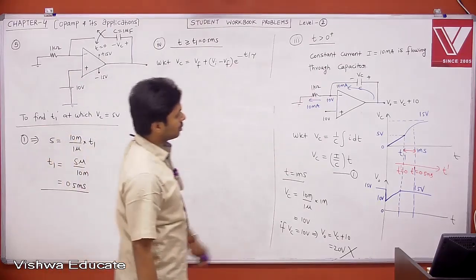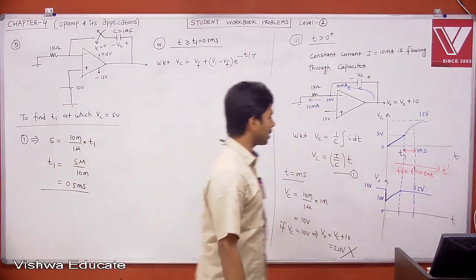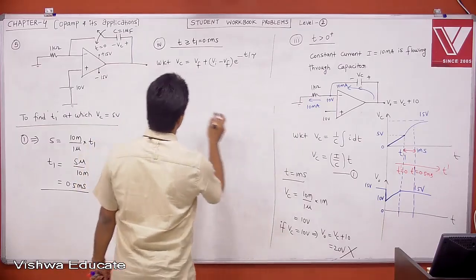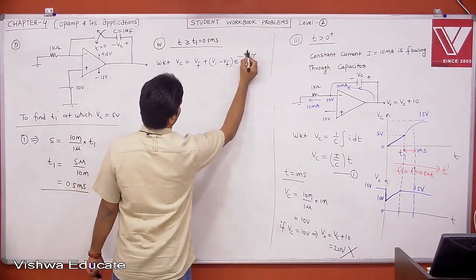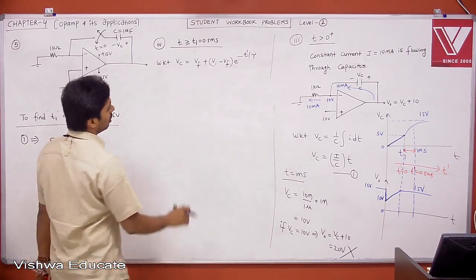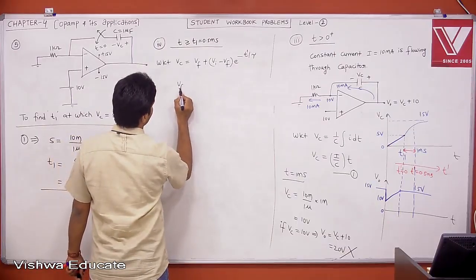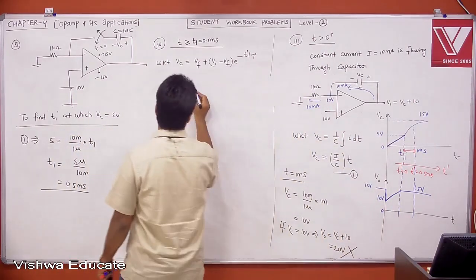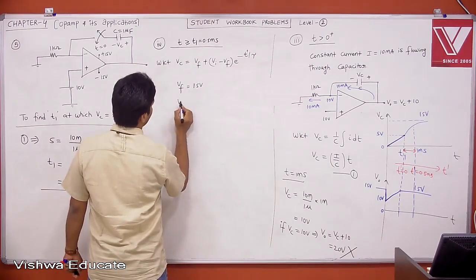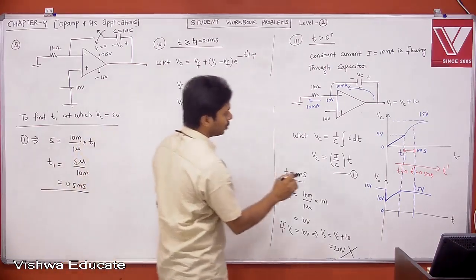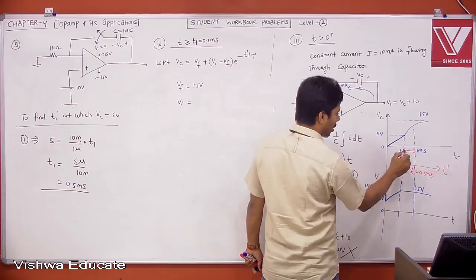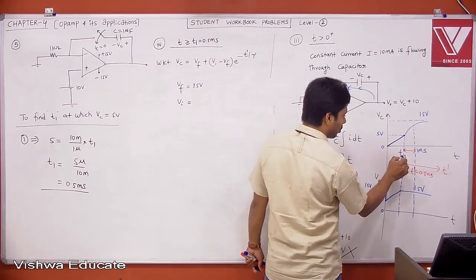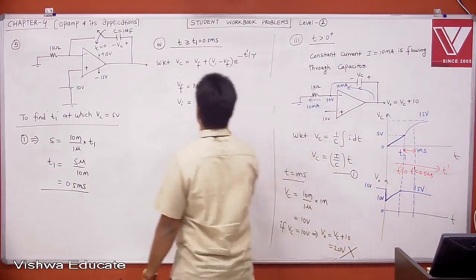This is my new time axis, and for the new time axis, let me say t dash is my new time. Now tell me what is your final voltage. Finally your capacitor is trying to charge to 15 volts only. What is the initial voltage? With respect to the new time axis, we already calculated it: 5 volts at time t1, 0.5 millisecond. Initial voltage is 5.